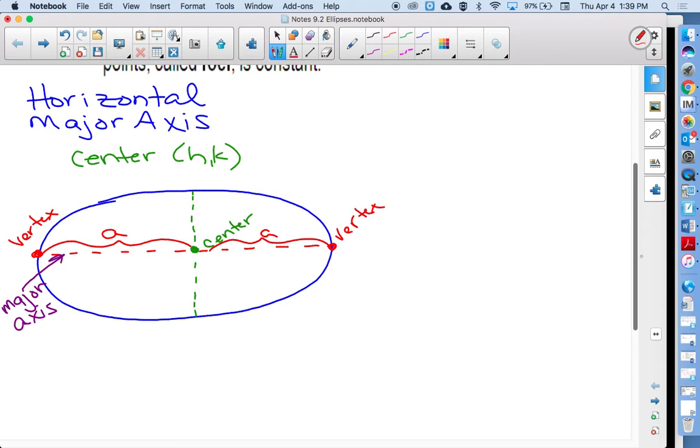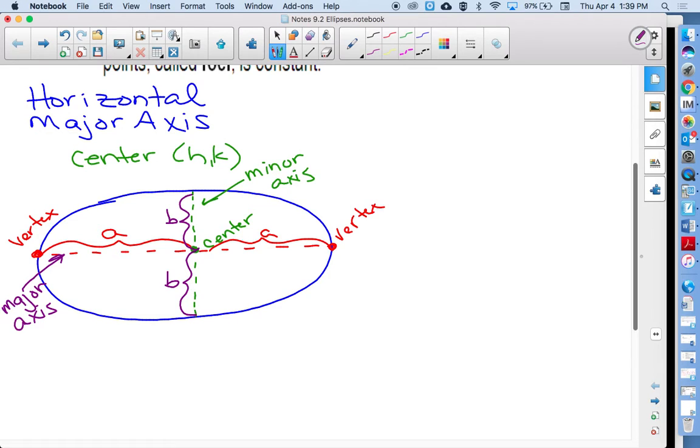It says the minor axis, which would be the smaller one, is 2 times B. So my distance will have a number to represent B. From the center to the other edge is this distance of B, or from the center up. That would be the height that we're trying to find. And that's going to be a number B that we'll have in our equation.